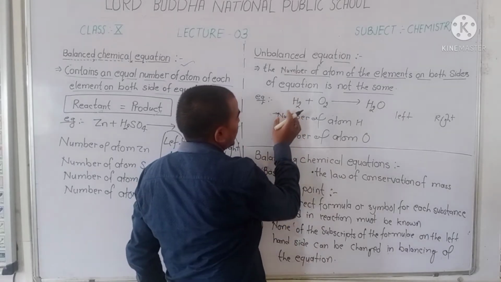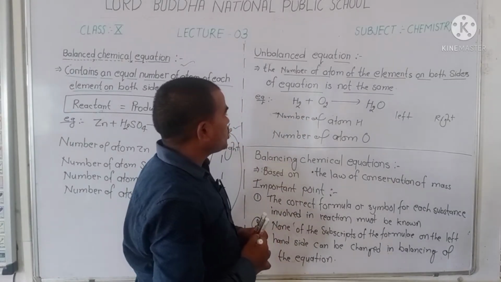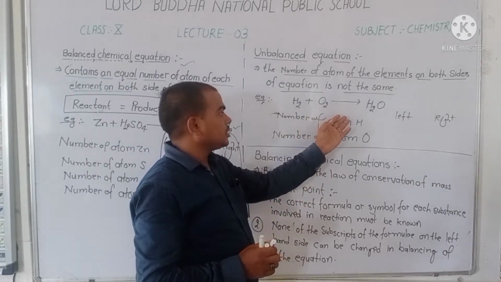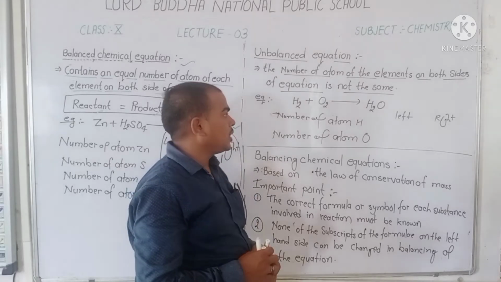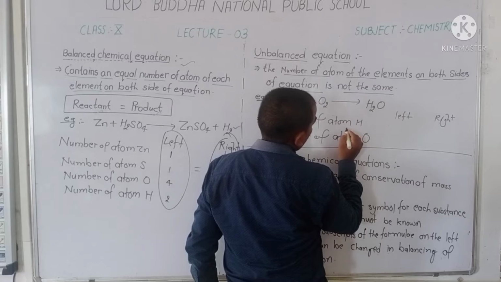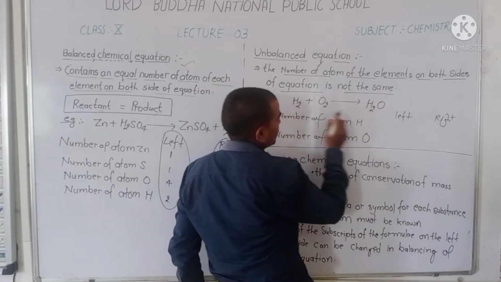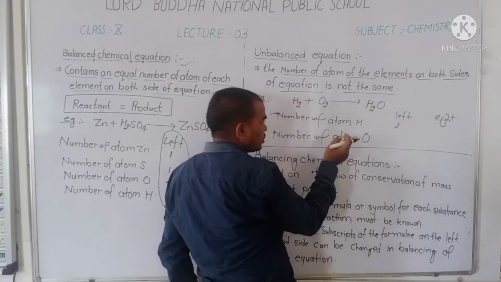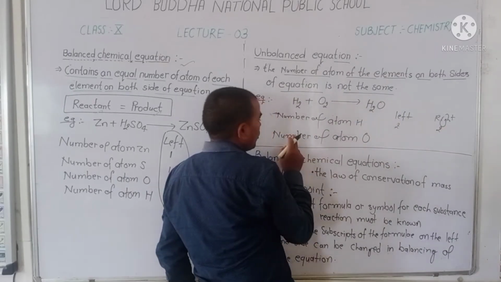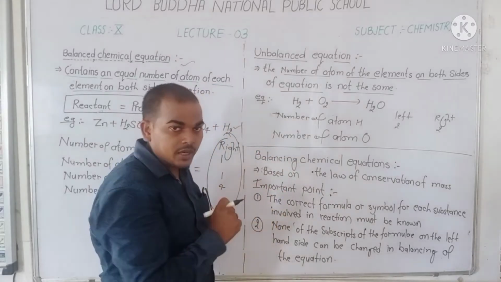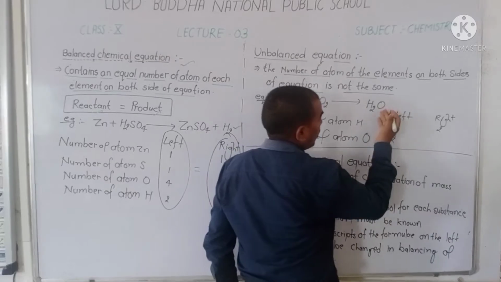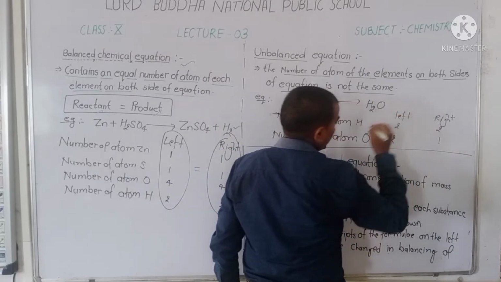Here an equation is given: hydrogen gas plus oxygen gas react with each other and form water, H2O. The number of hydrogen atoms on the left-hand side is 2, and on the right-hand side is 2. The number of oxygen atoms on the left-hand side is 2, but on the right-hand side is 1.